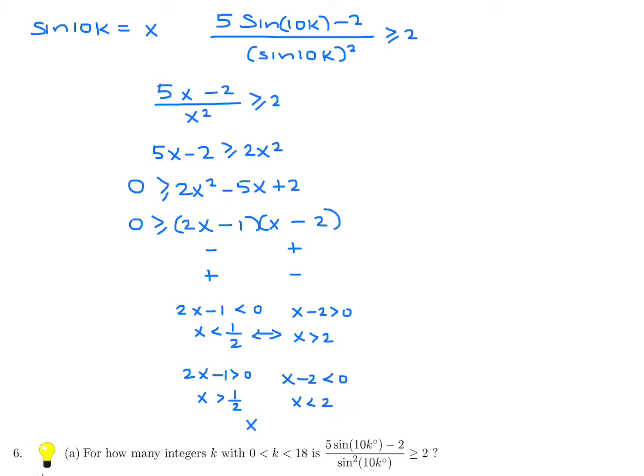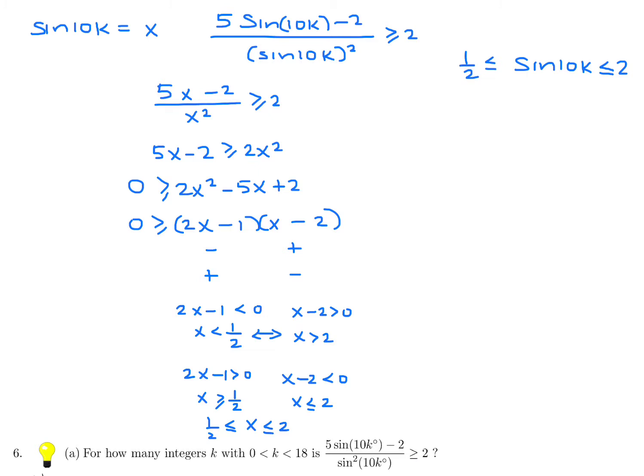And indeed that works out, x being less than 2 and x being greater than a half. So that is my range for x. Well, x is sine 10k. So that means the sine of 10k is between a half and 2.